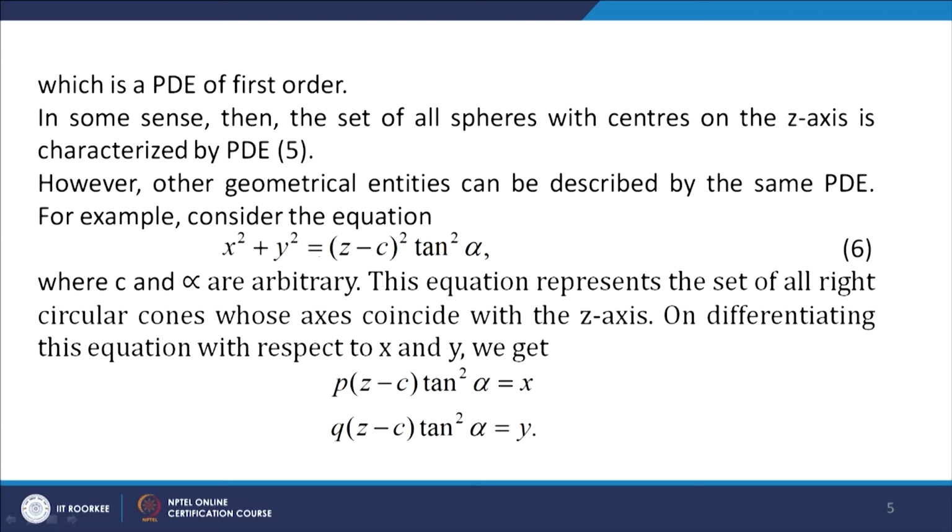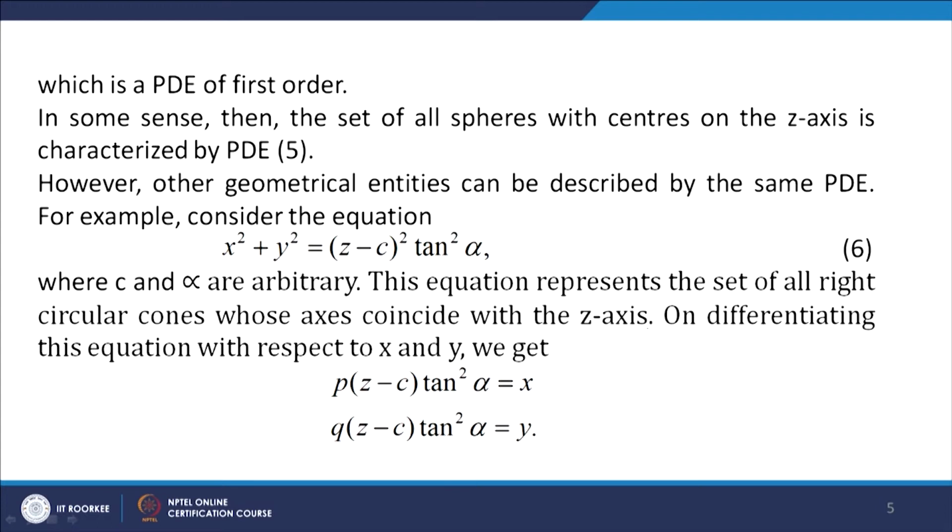You can see that the vertex of the cone lies at the point (0, 0, c), the semi vertical angle of the cone is α, and the z axis is the axis of the right circular cone.